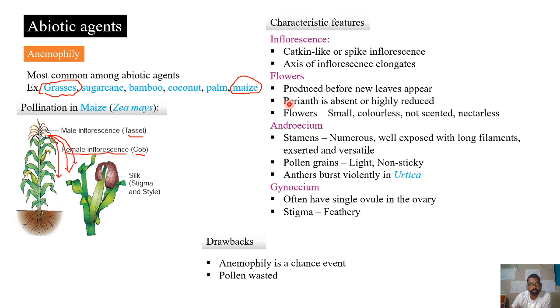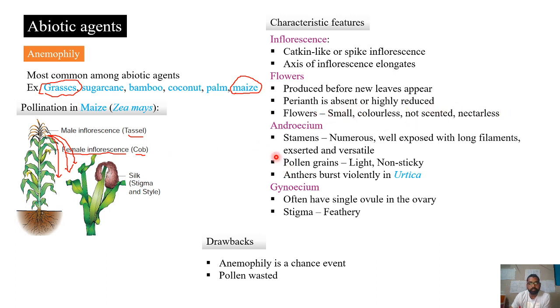The perianth consists of sepals and petals, and it is not required to attract insects, so it will be absent or highly reduced. The flowers are smaller, since they need not be larger to attract pollinating agents. They are colorless, with no scents and no nectar at all.